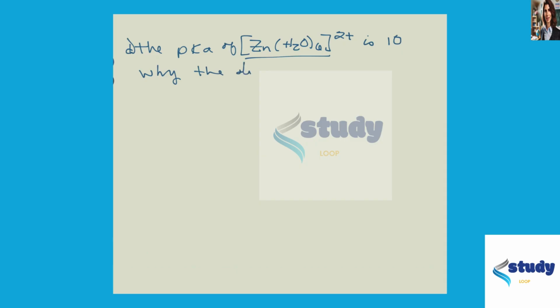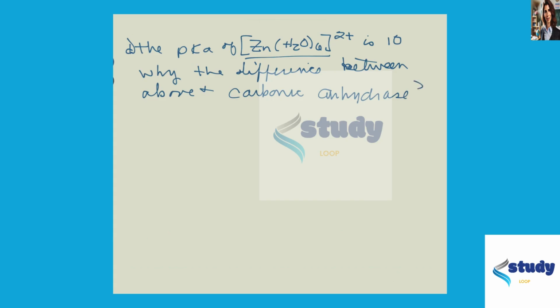And why the difference between this and the carbonic anhydrase? Okay, explain the phenomenon.